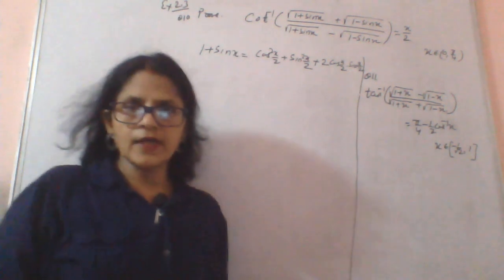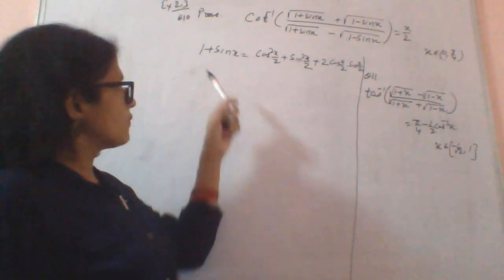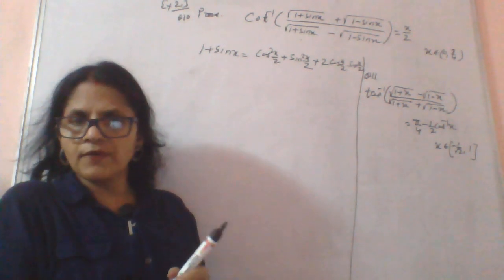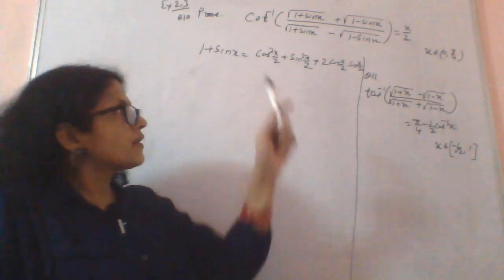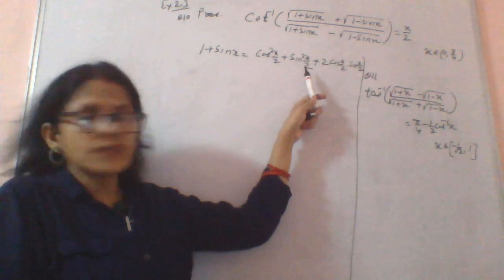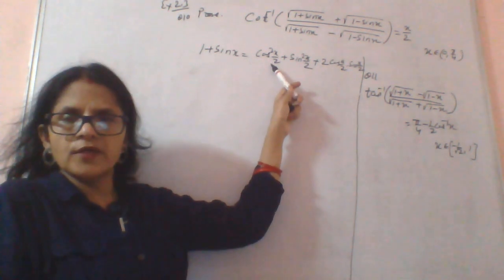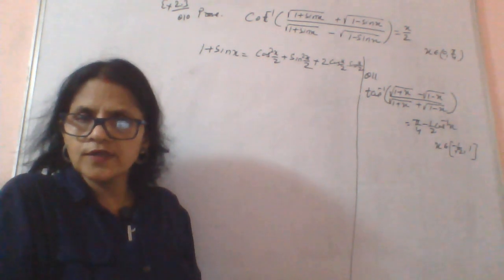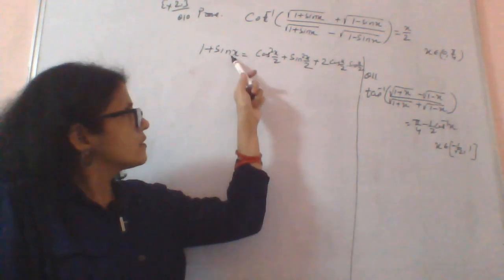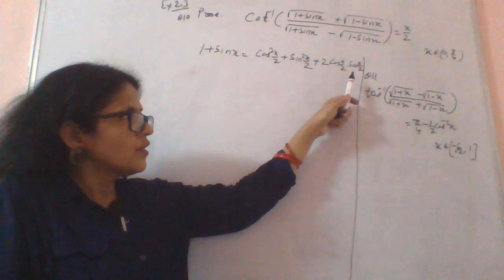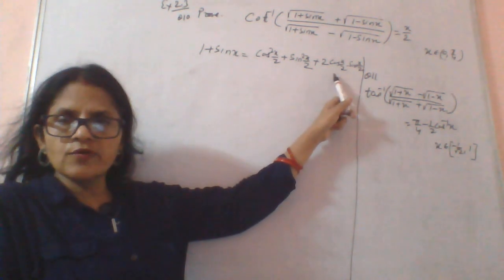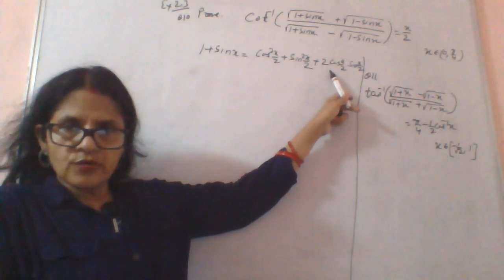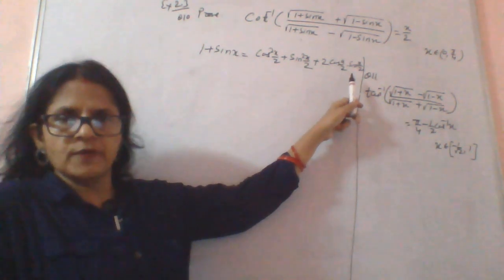Okay, can we write like this? Because 1 can be written as sin square x plus cos square x, or we also can write it as sin square x by 2 plus cos square x by 2. Similarly, sin 2x is 2 sin x into cos x. It means sin x can be written as 2 sin x by 2 into cos x by 2, or here I have written 2 cos x by 2 into sin x by 2.